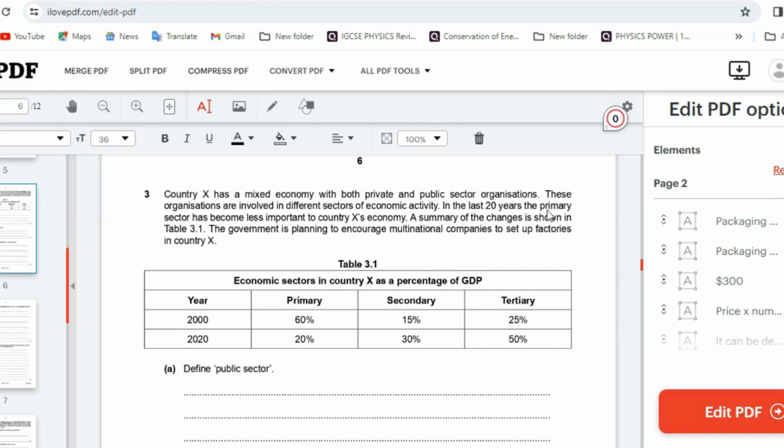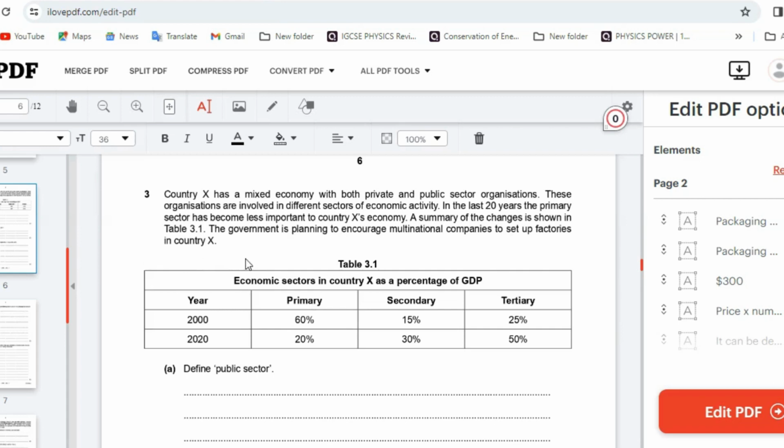In the last 20 years, the primary sector has become less important to country X economy. A summary of the changes is shown in table 3.1. The government is planning to encourage multinational companies to set up factories in country X.